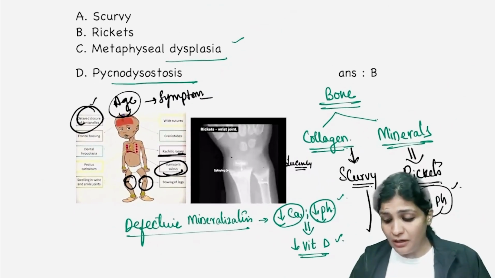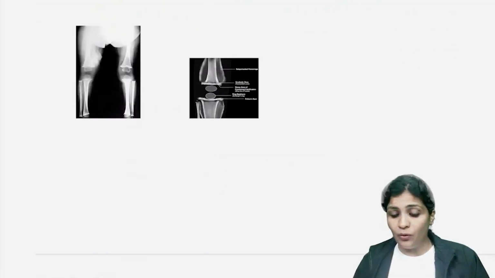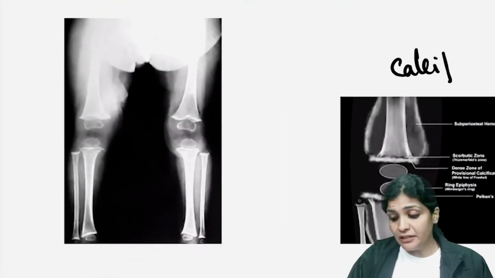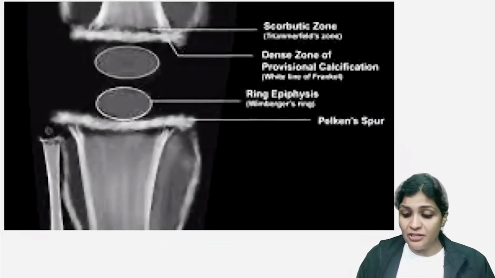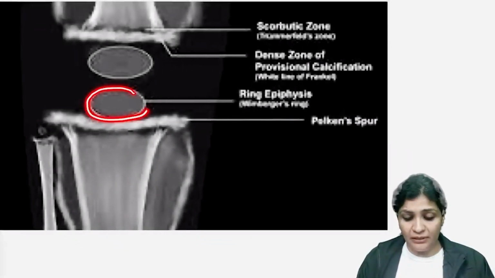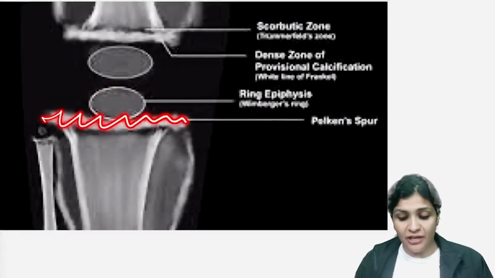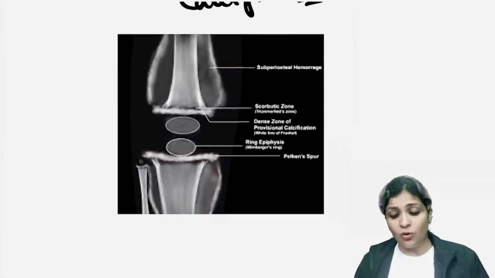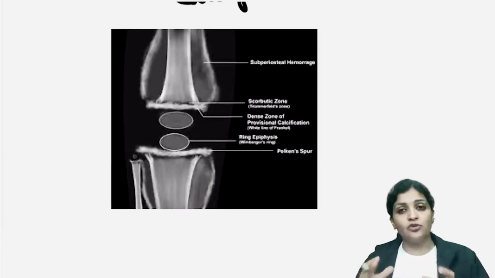When it comes to scurvy, there is a lot of calcium present, but the collagen is absent. Hence, you see a lot of calcification, a lot of white around, like the epiphyseal ring, a white structure surrounding this. So this is scurvy, and again you see calcification, the Pelkan spur, subperiosteal hemorrhages, and the lucency is the scorbutic zone, where there is an absence of collagen.